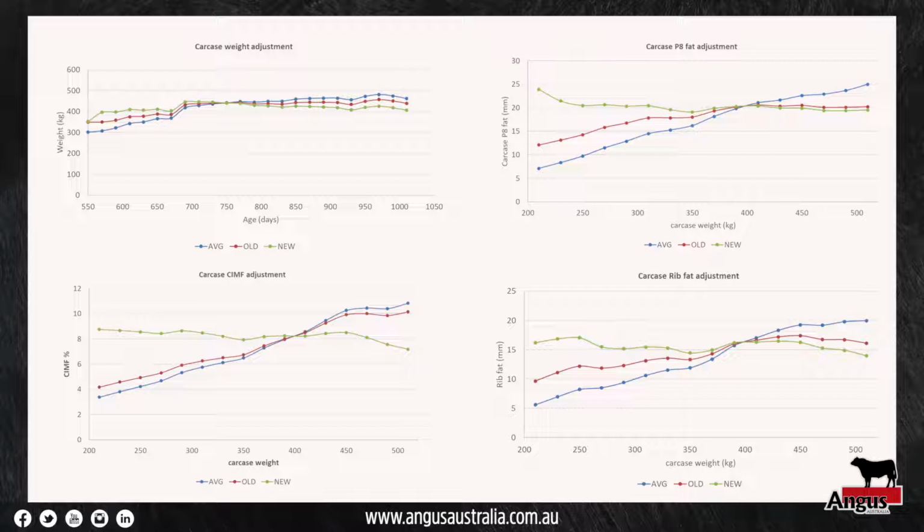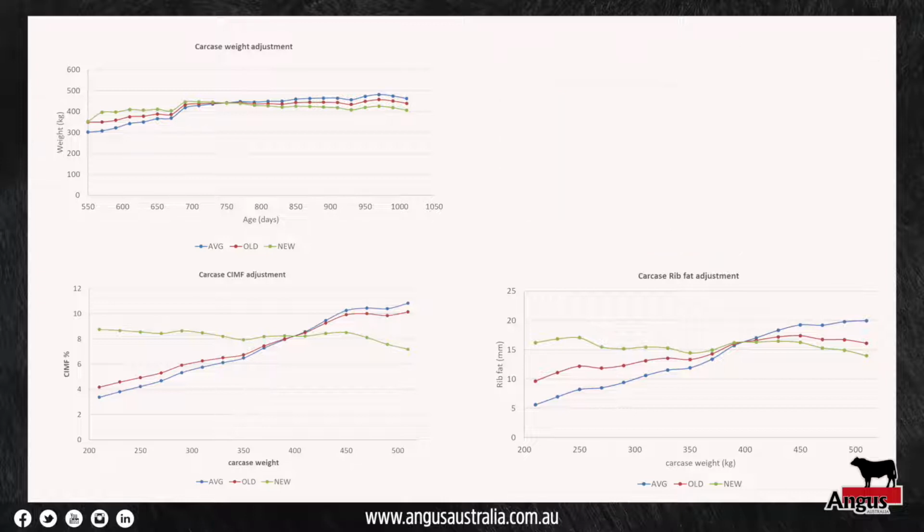But now with the green line, which is far more horizontal, it's removing far more of the effect of differences in carcass weight and age, in the case of the carcass weight EBV, and therefore those EBVs will be utilising that performance information in a far better way, honing in on the actual genetics of those animals for each particular trait.